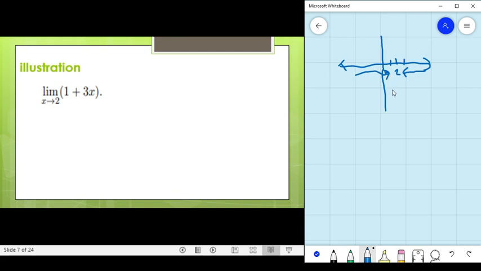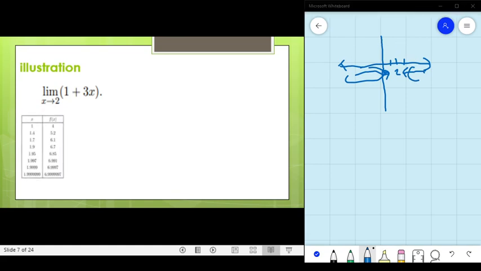So that is why in our table, we are going to consider first x approaching 2 from its left. And right after that, approaching 2 from the right.